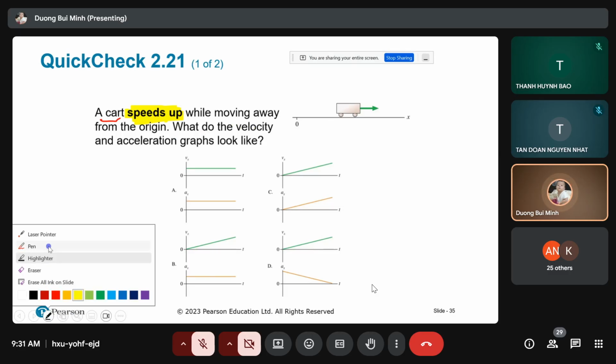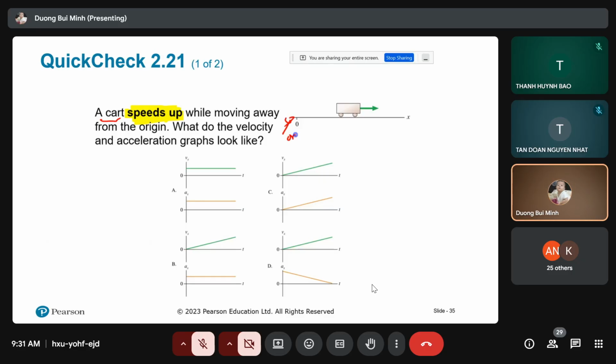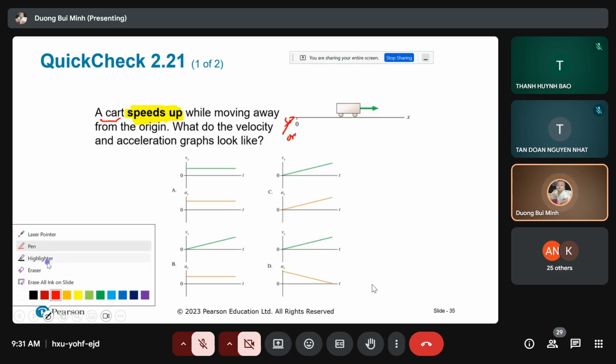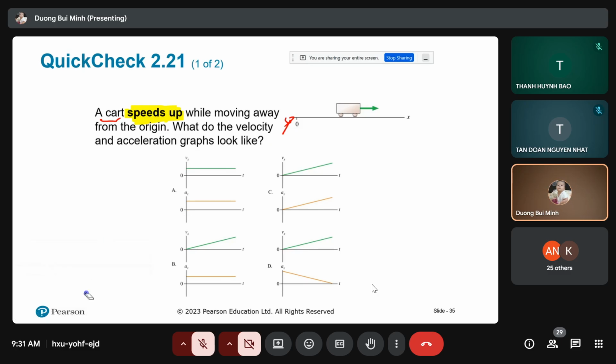So we know this one is the initial point, and somewhere here is the final point. So what do the velocity and the acceleration graphs look like?